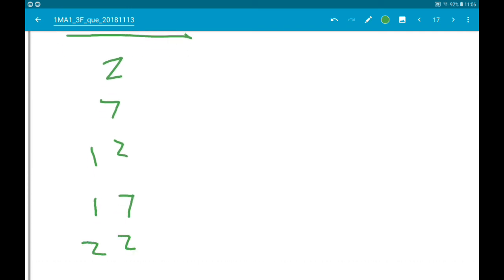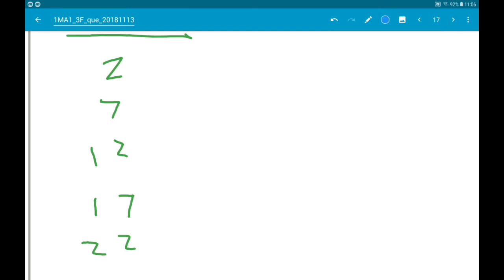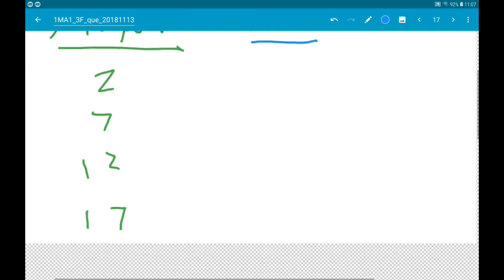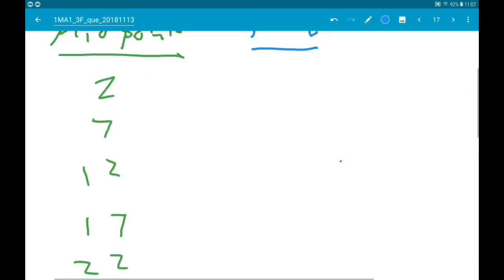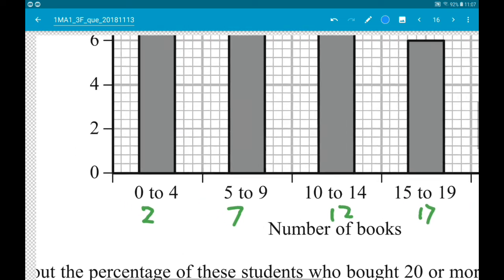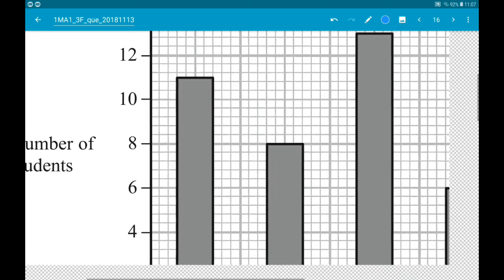Okay, the next thing we need is the frequency for each group. So, we know the last one was 2. What about the others? Okay, so the first one is 11.